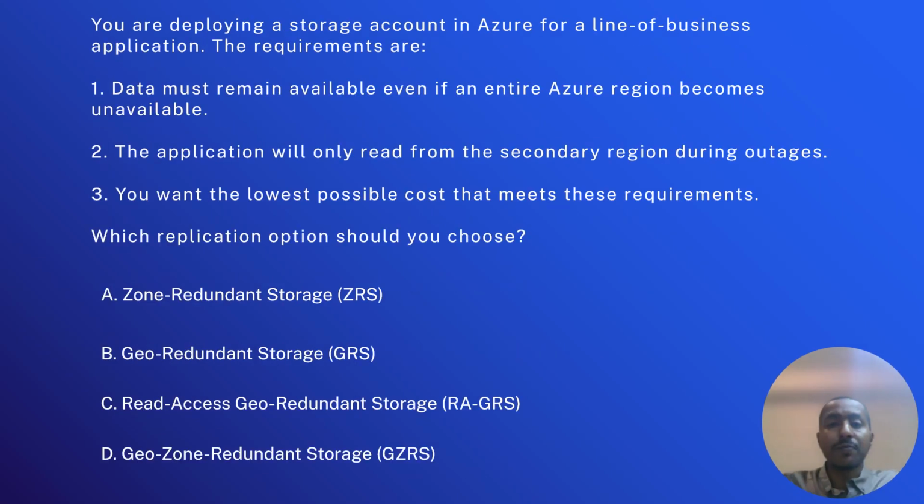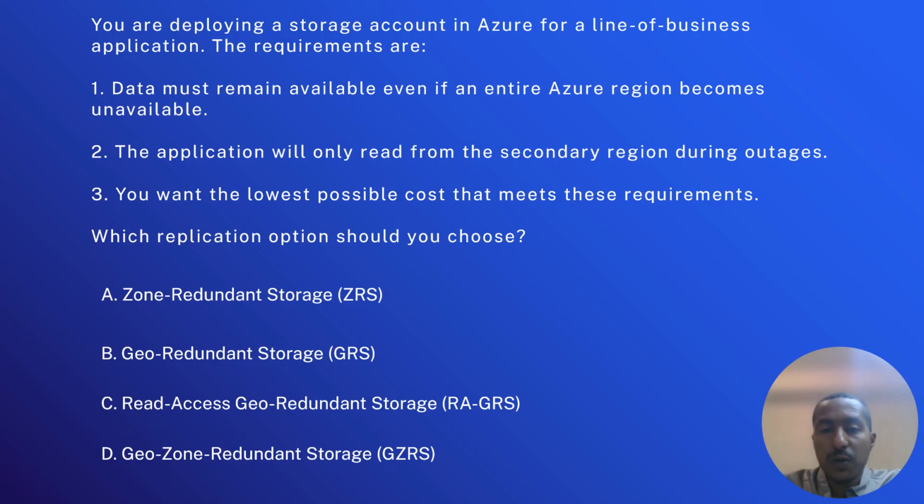Next question. You are deploying a storage account in Azure for a line of business application. The requirements are: 1. Data must remain available even if an entire Azure region becomes unavailable. 2. The application will only read from the secondary region during outages. 3.